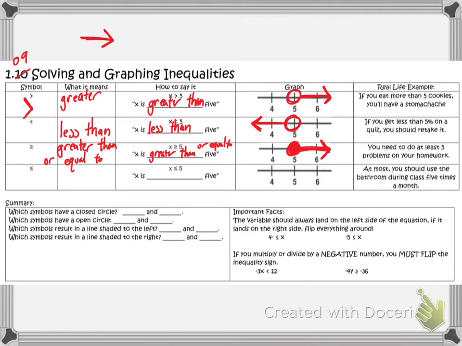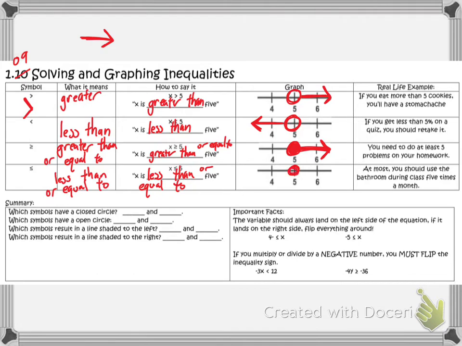The last one we have is less than or equal to. That equal sign underneath means it's less than or equal to. So for example, I have x is less than or equal to 5. So here's 5.